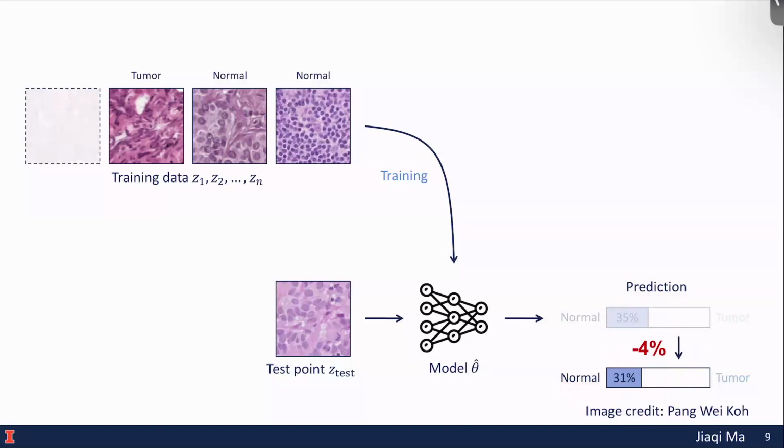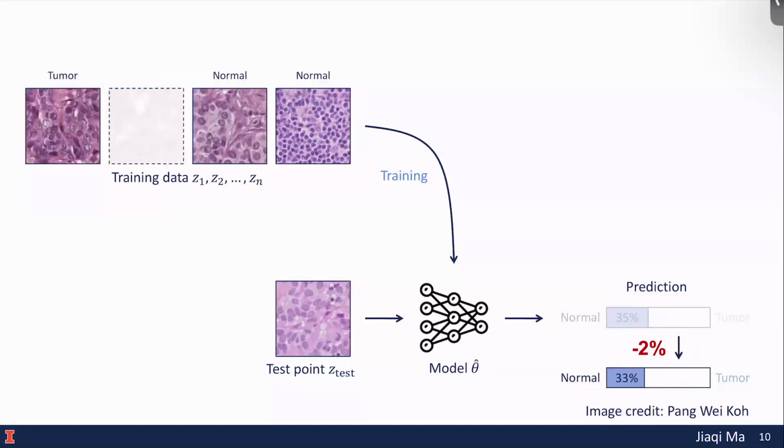We can repeat this process, removing the second training data point, retraining the model using the remaining data set, and we observe that this time the change of prediction is still very small.